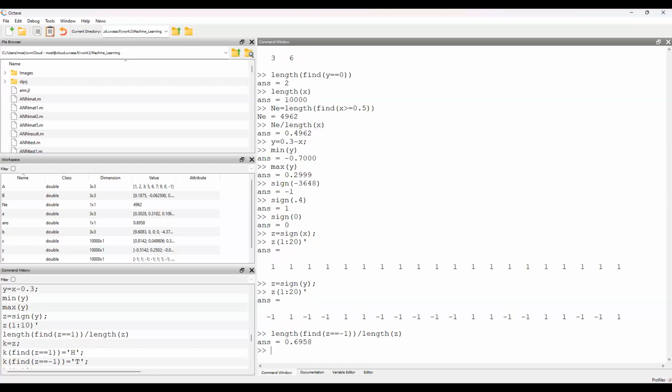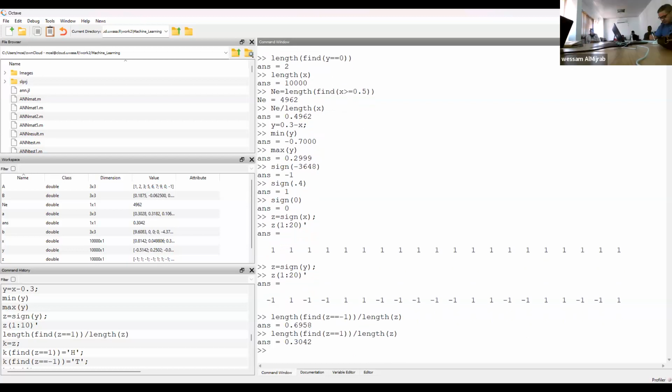So it is 0.6958. So it is very close to 0.7. Okay, and of course, the probability that you get head will be computed the same way.